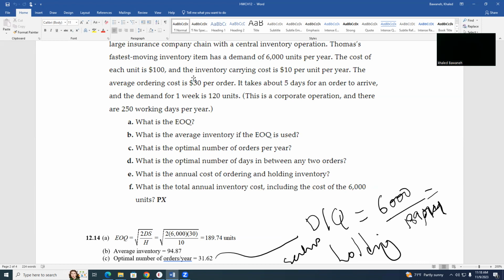So for the EOQ, do the square root of 2DS over H, and you get 189.74 units, which is 188, right?